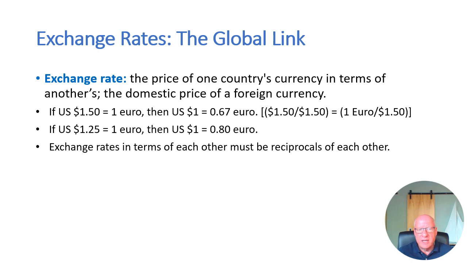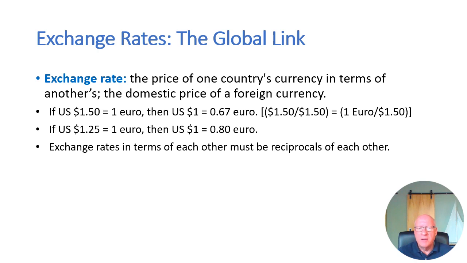Now, it turns out that exchange rates are reciprocals of one another. What does a reciprocal mean? That means you divide one by the other. So remember, if $1 buys 0.8 euros, what if you were in Europe and you wanted to explain to a Frenchman what the exchange rate is? They would not say $1 equals 0.8 euros. They would say 1 euro equals how many dollars?